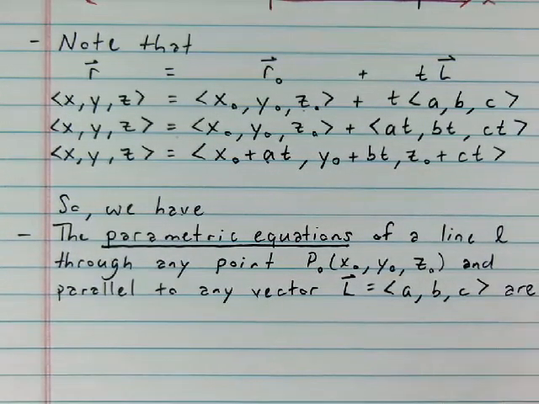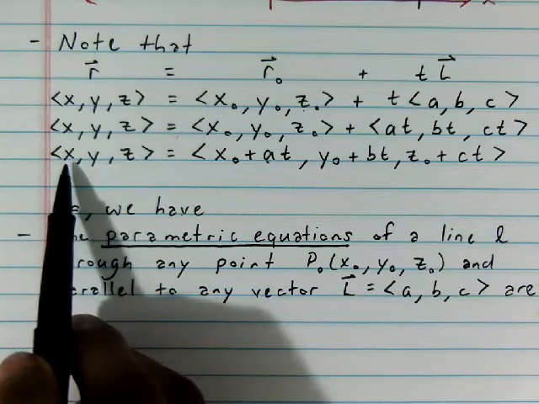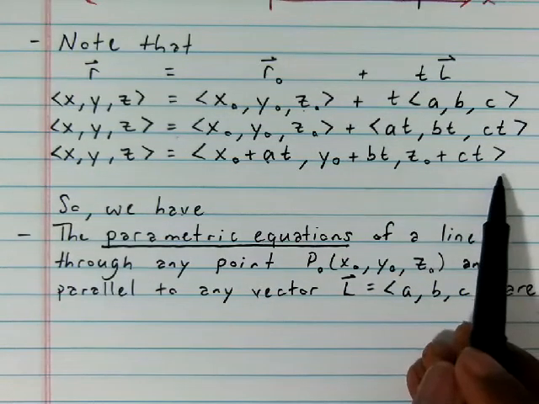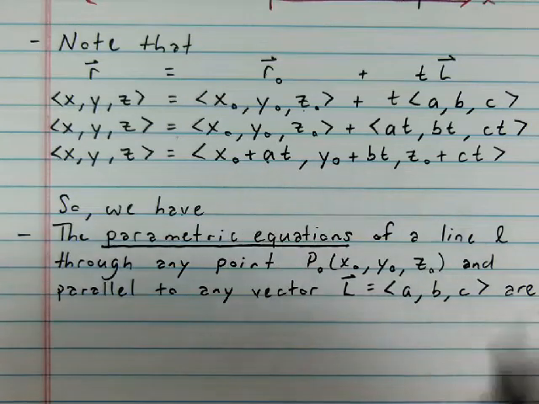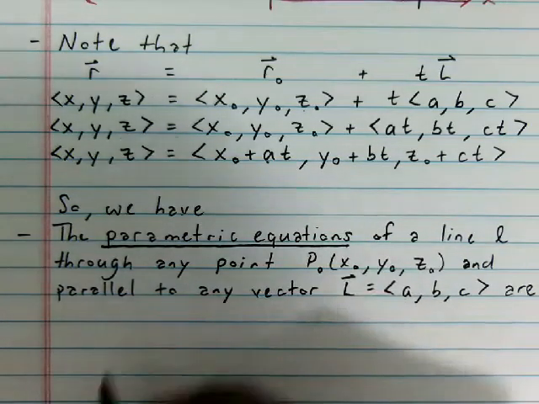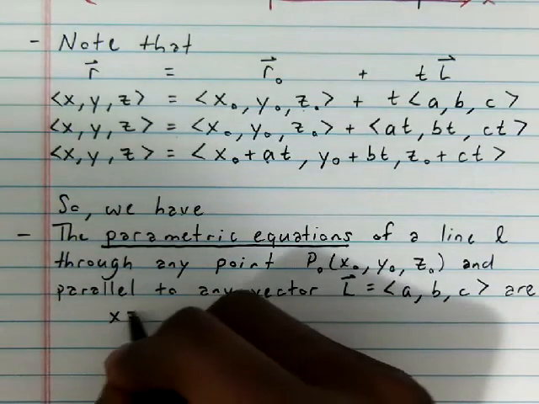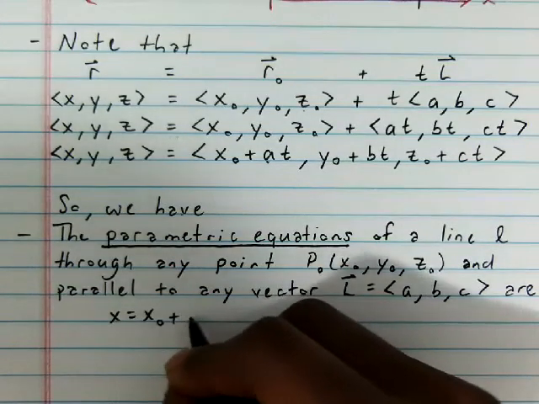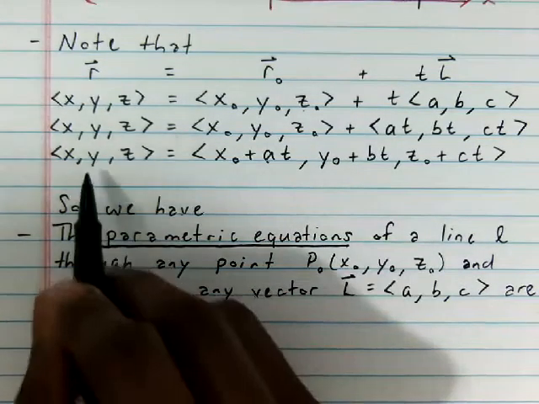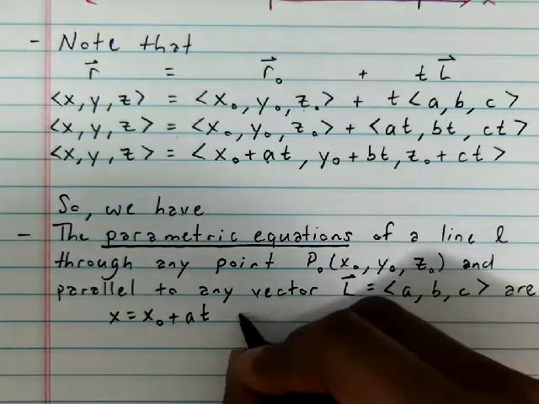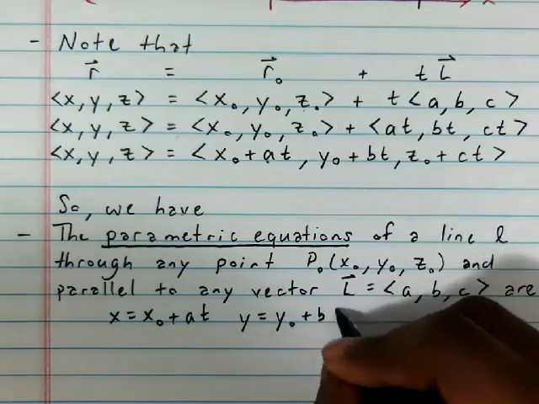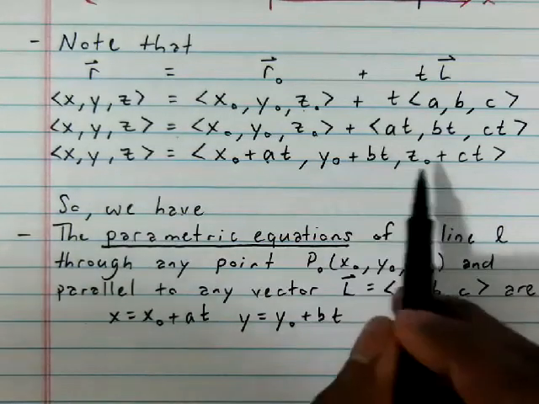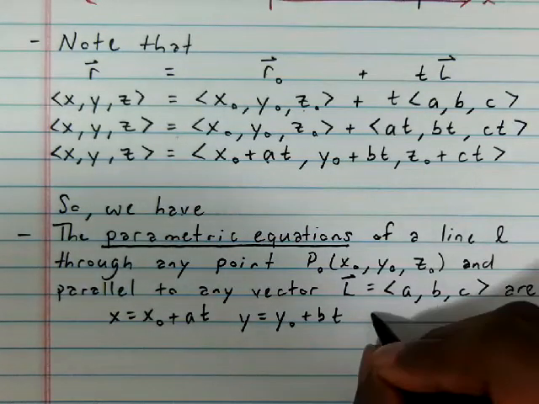These two vectors are equal to one another, so their corresponding components have to be equal. So this says x equals x naught plus AT. Similarly, y equals y naught plus BT, and z equals z naught plus CT.